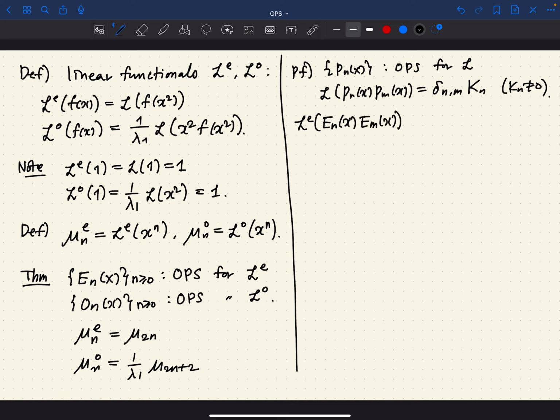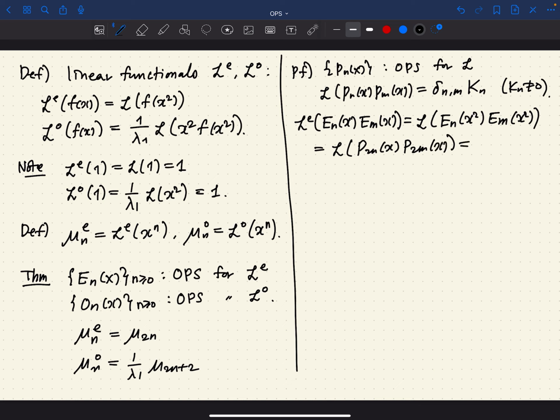By definition, L of E, we replace x by x squared, and En of x squared is P2n, just by definition of En.